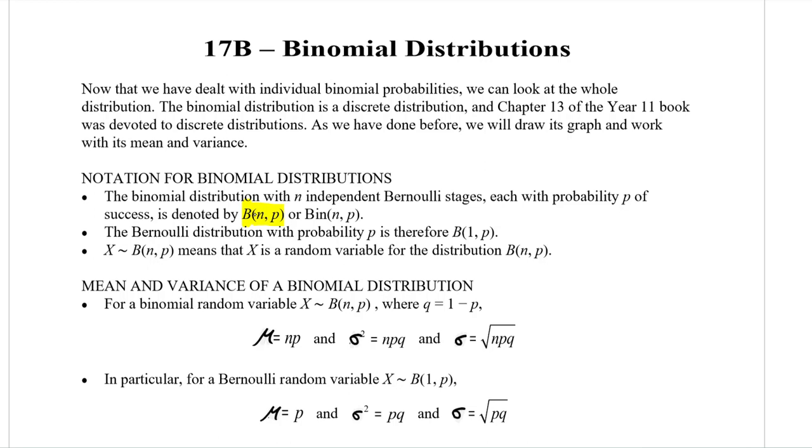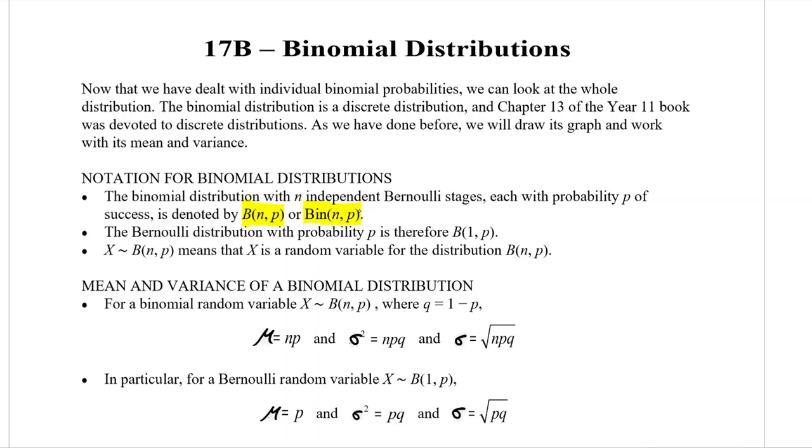Alternatively, instead of just B, they could write Bin for binomial, n, p. The Bernoulli distribution with probability p is therefore B(1, p), because 1 is for one trial, the total number that you could get there.